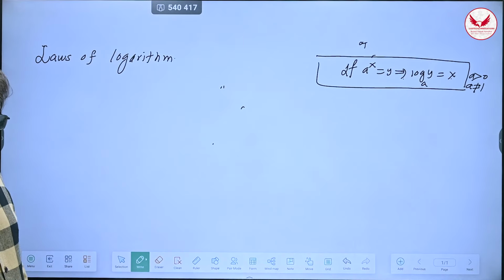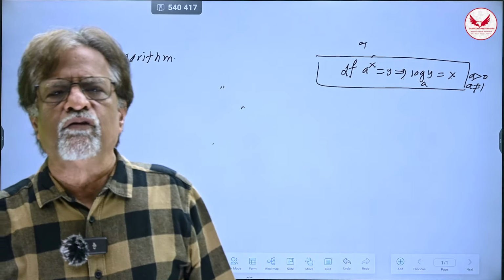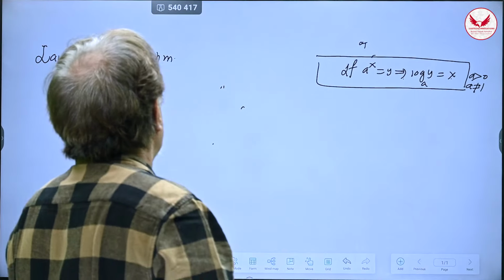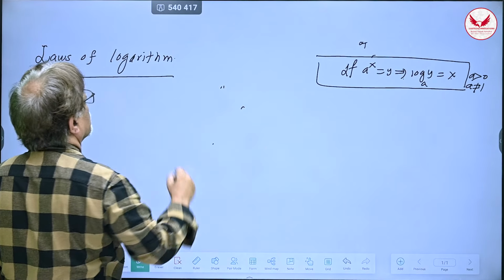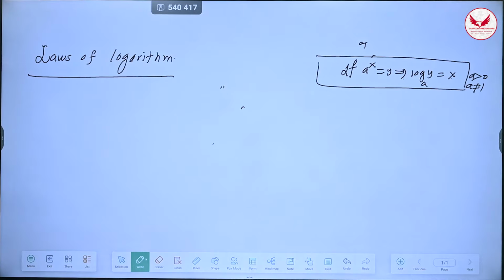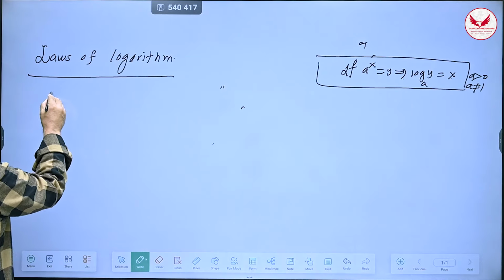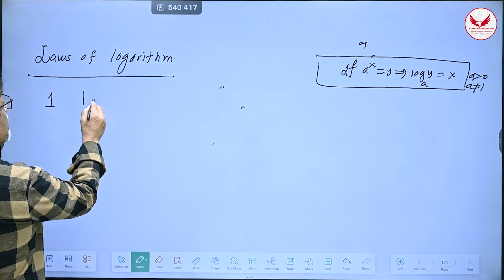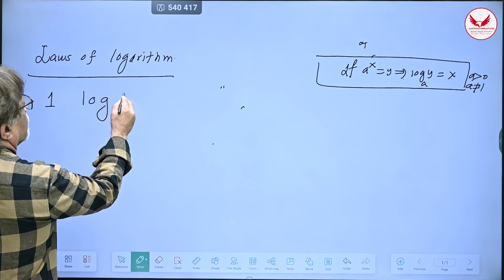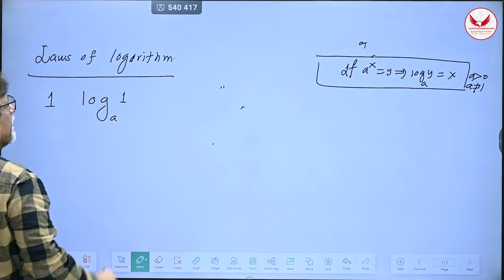Now, since laws of logarithm are themselves an inverse of exponential, the laws of logarithm come from the laws of indices only. Okay? How? We'll see. So, the first law, what is log of, for example, 1? Log of 1 to any base a.